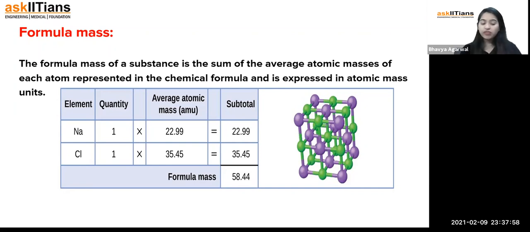The mass which is defined for ions. So formula mass of a substance is the sum of the average atomic masses of each ion represented in the chemical formula.